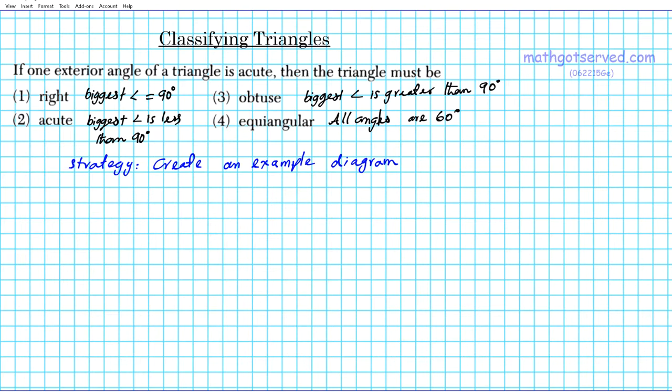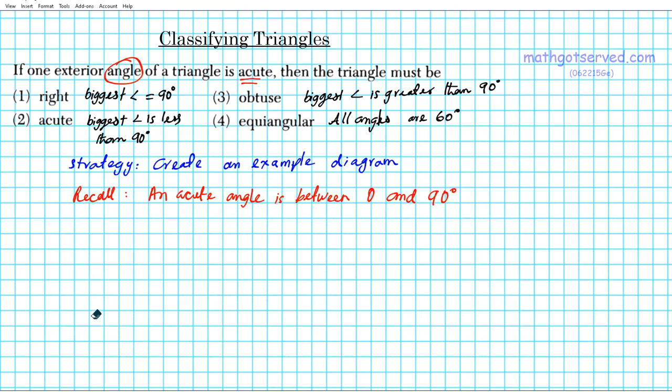Something you need to keep in mind, which is key here, is the definition of the term acute. An acute angle is between 0 and 90 degrees.